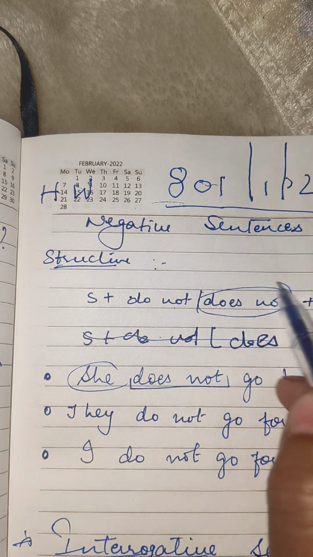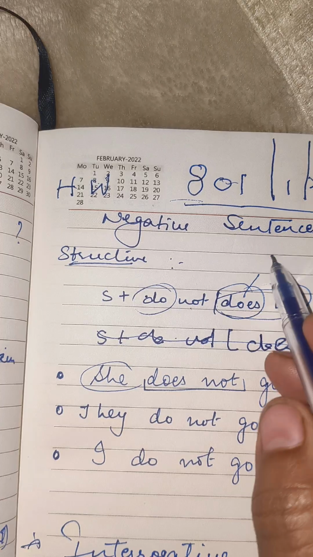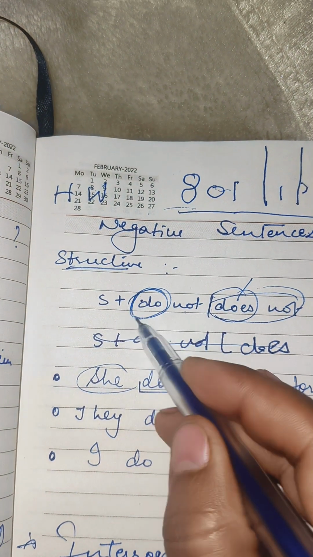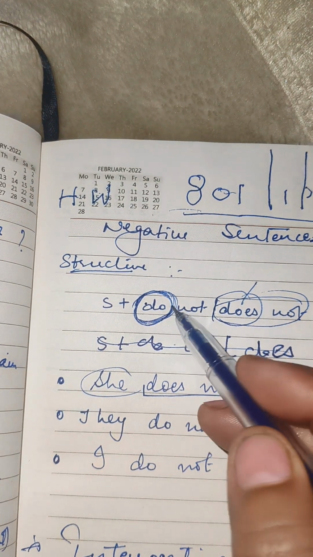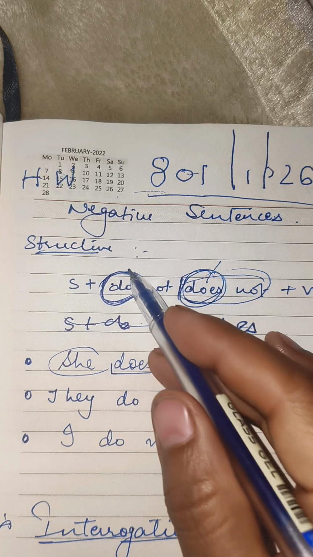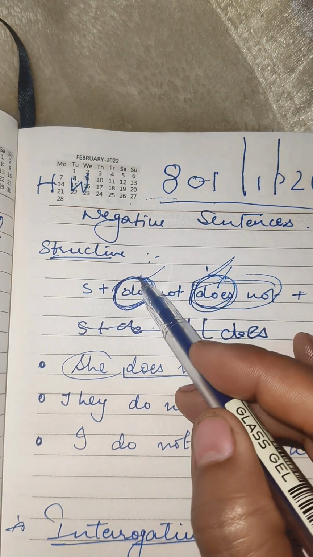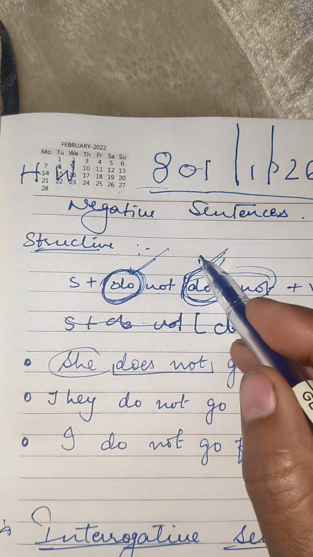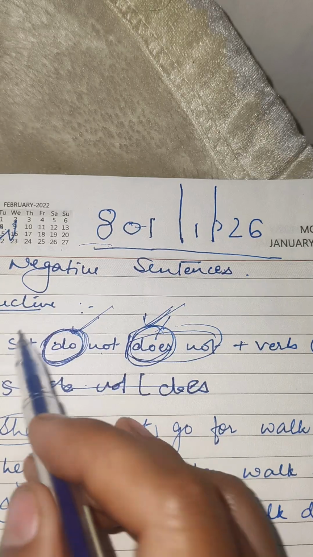The important thing is that we have to choose between do not and does not wisely. We have to keep in mind whether we use do or does. Let me tell you where we use do and where we use does. Let me tell you the structure first.